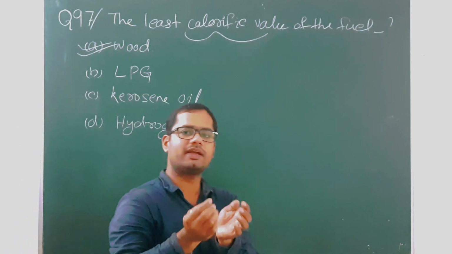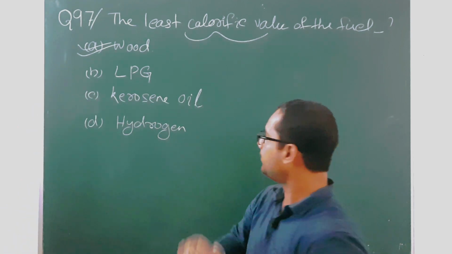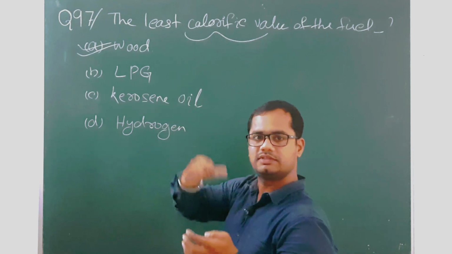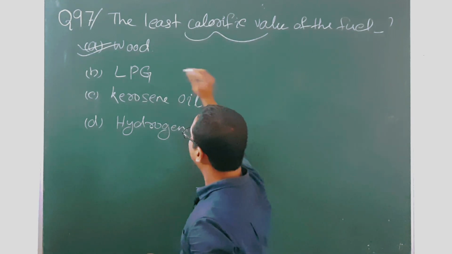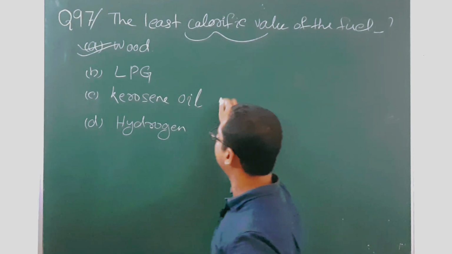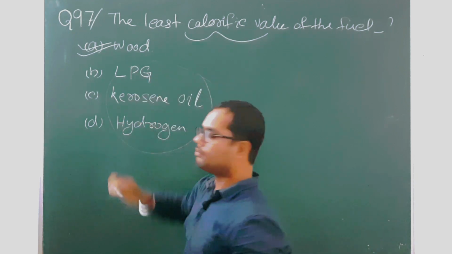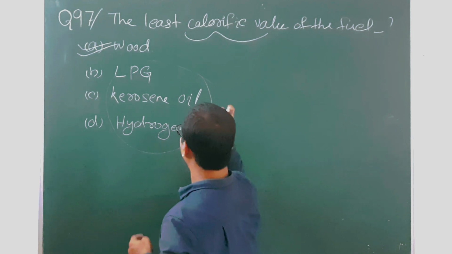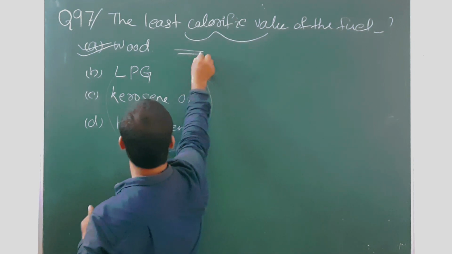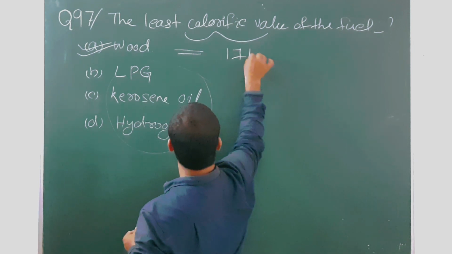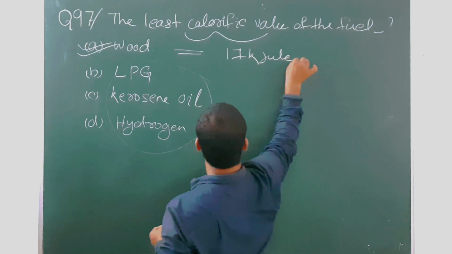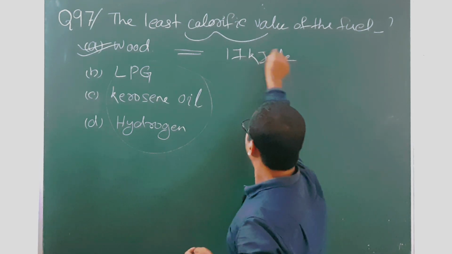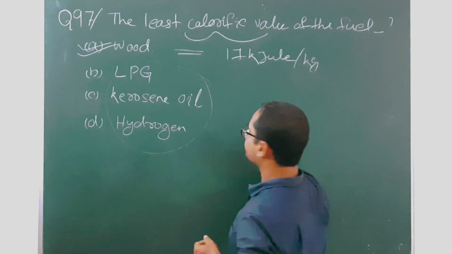Because by burning a specific amount of wood, whatever amount of heat will be generated will be very, very less. LPG, kerosene and hydrogen all have some higher calorific value than wood. The calorific value of wood is around 17 kilojoule per kg.